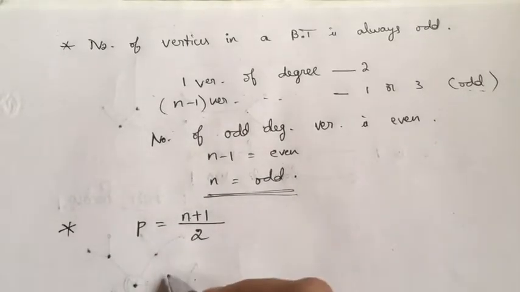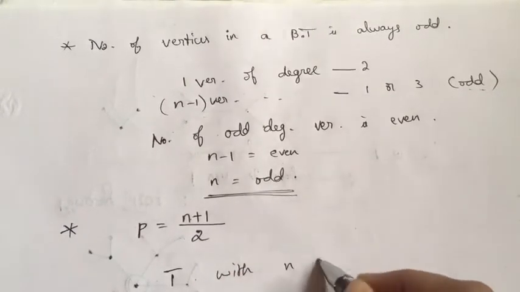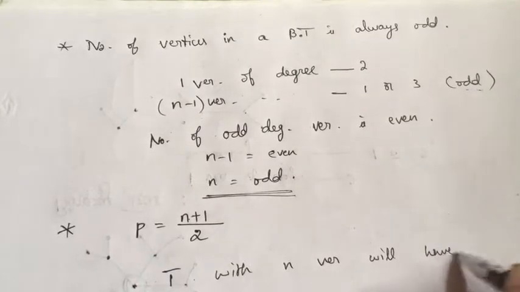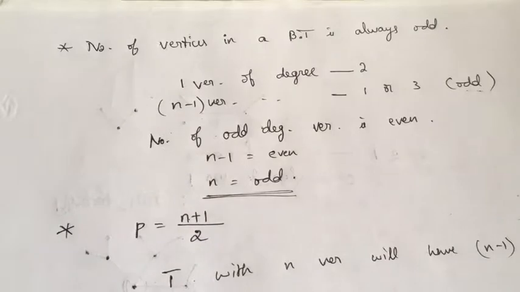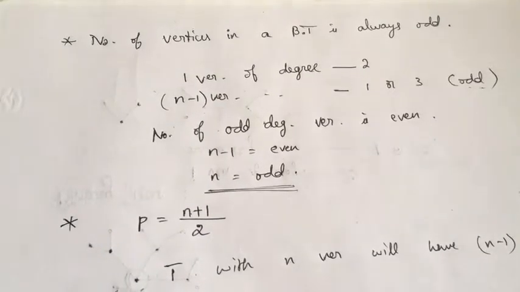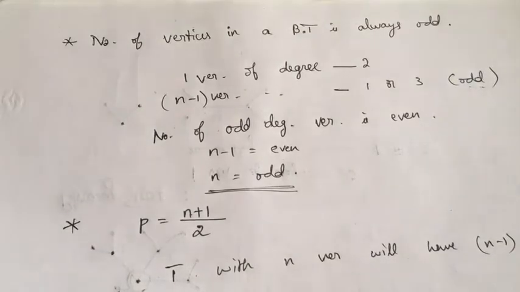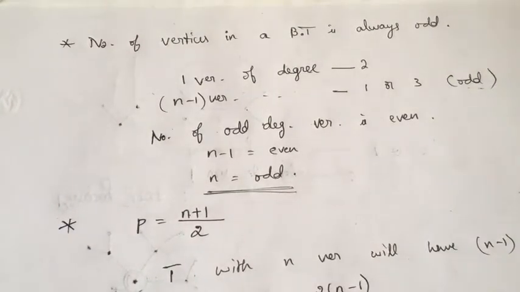We know a tree with n vertices will have n minus 1 edges, right?